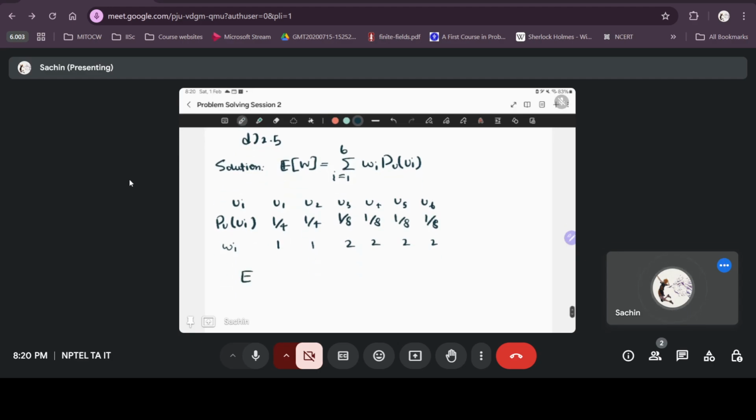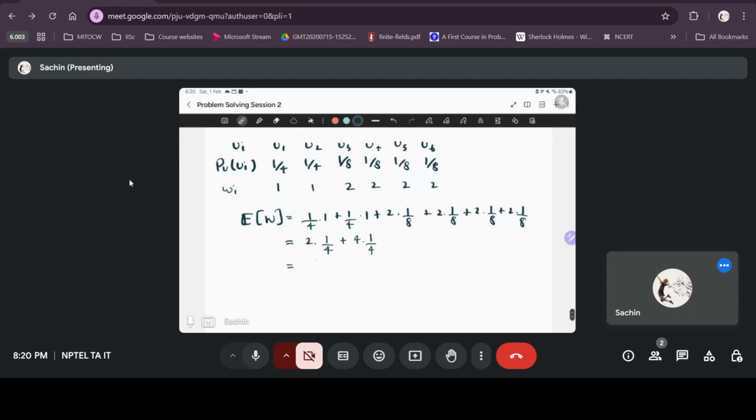From that you can calculate the expected value of W to be 1/4 times 1 plus 1/4 times 1 plus 2 times 1/8, 4 times. So it's 2 times a quarter plus 4 times a quarter. It's 6 over 4, which is 1.5. That's option B.